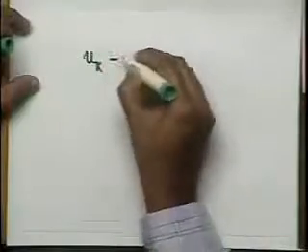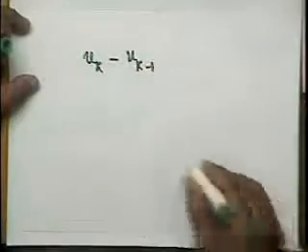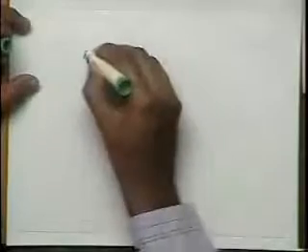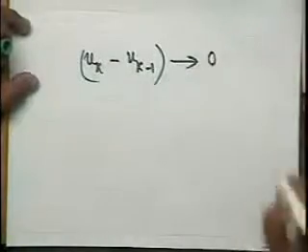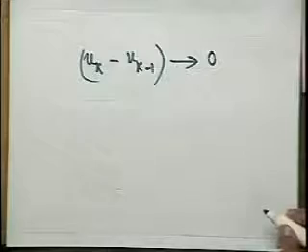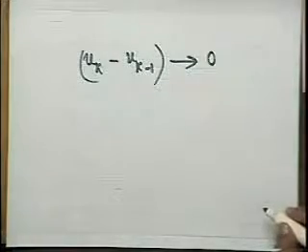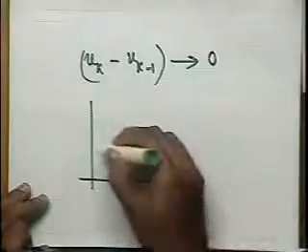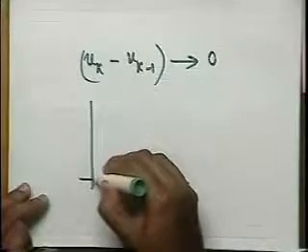For all the UKs we have some discrete values of NK by N. Now if we keep on reducing the difference between UK and UK minus 1, if this difference tends to 0, then instead of a discrete function, it becomes a continuous function. So a continuous function would look something like this possibly.